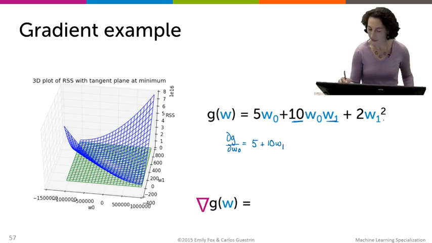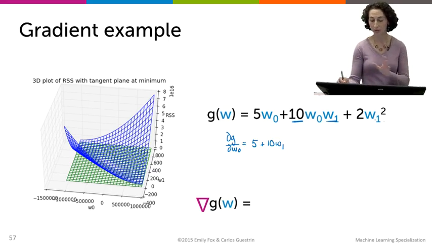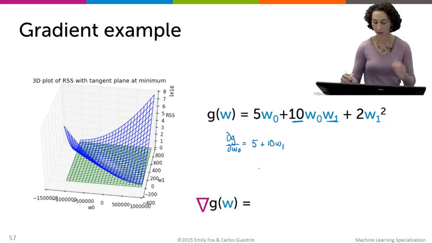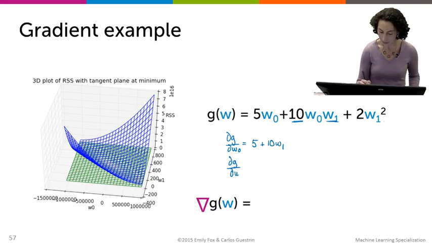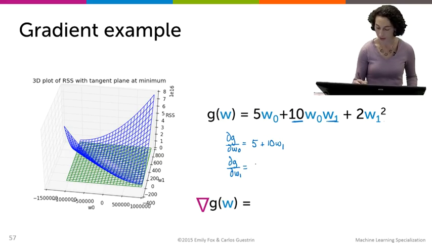And then I take the derivative of this term. It has nothing to do with w0. It's just like a constant. So the result is going to be 0. Now I take the partial with respect to w1. And this first term is just a constant with respect to w1, so it doesn't appear.